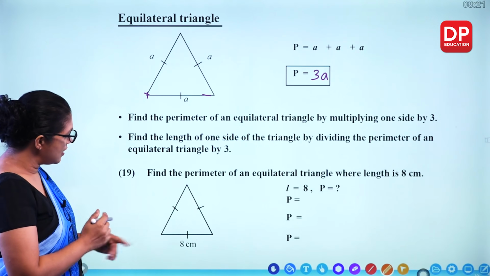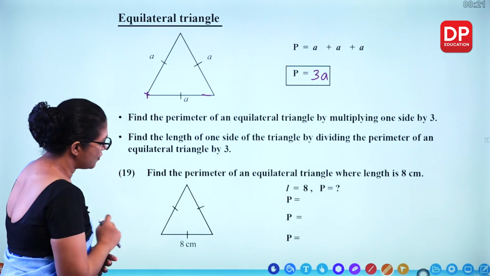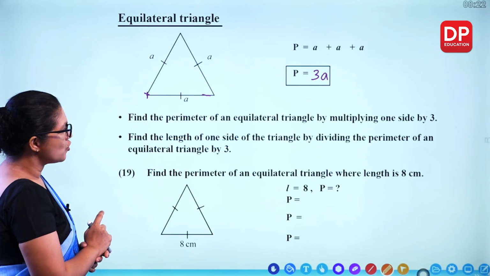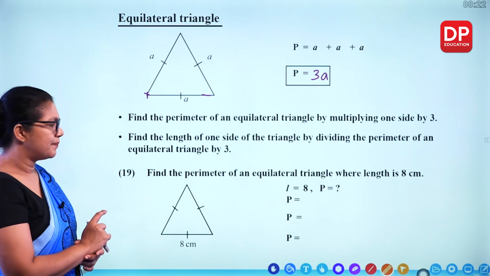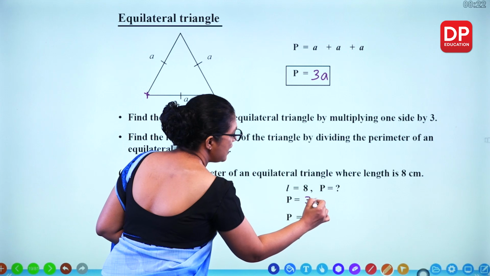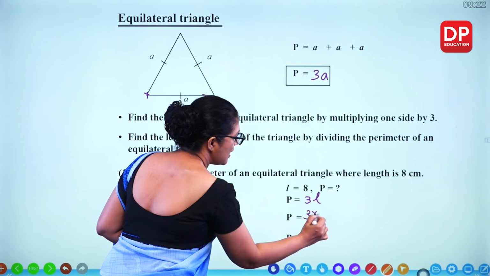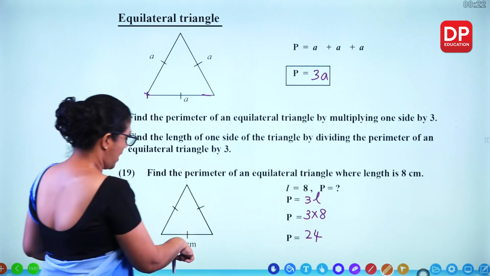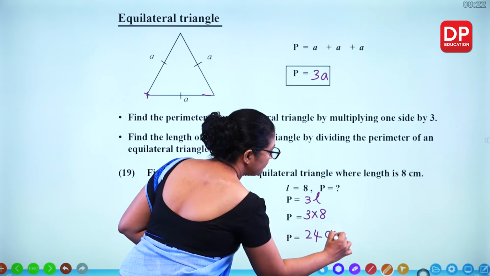Look at the question here. This is an equilateral triangle with length 8 centimeters. You are asked to find the perimeter. You can use the formula 3L. 3 times 8, that's 24 centimeters.